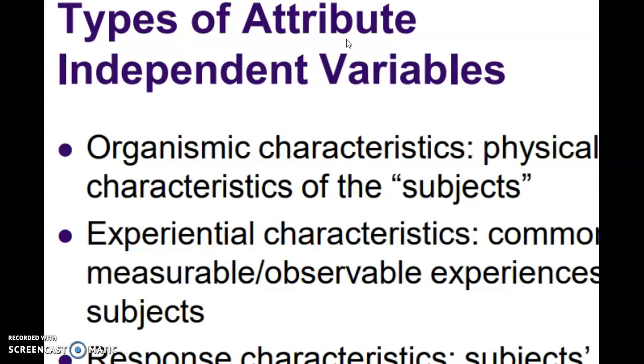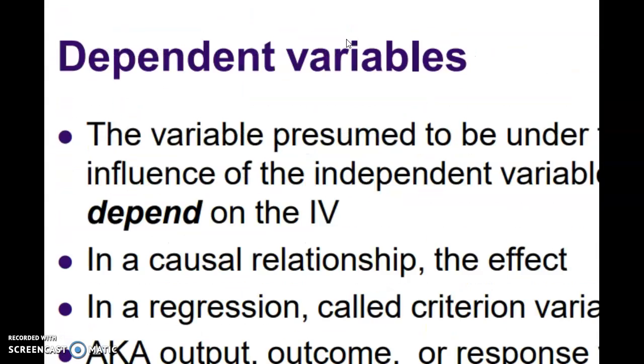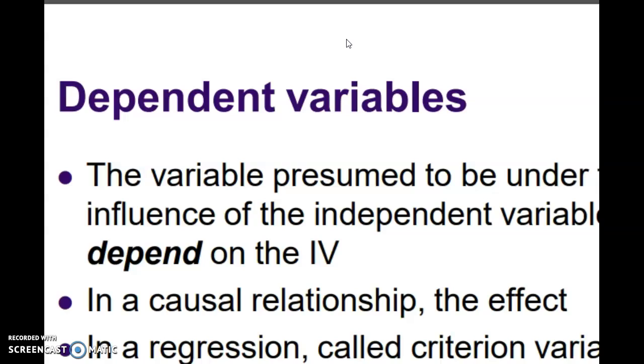There are several types of attribute variables that are mentioned here, but I would not go over them because of my time. But let's go over to dependent variables, which is the variable that's presumed to be under your direct control. The dependent variable, just like I said before, is the outcome variable, and that is because it depends on the independent variable.